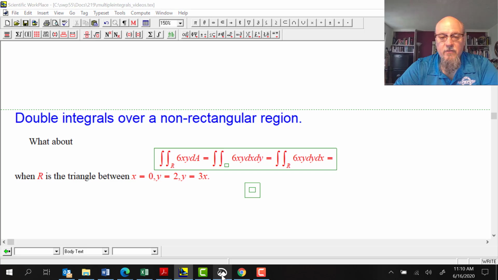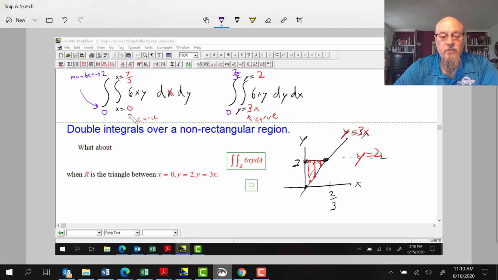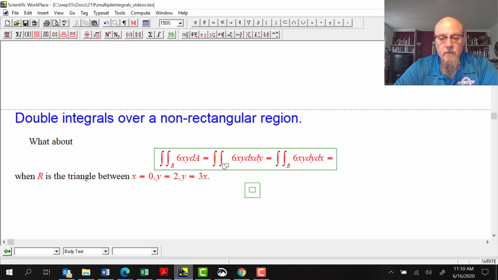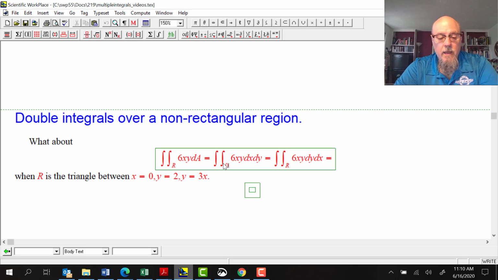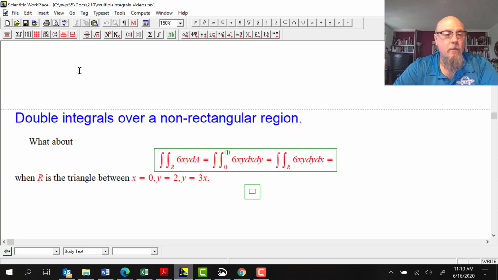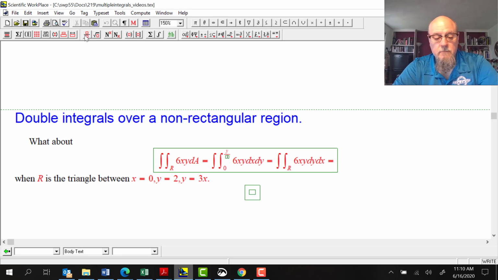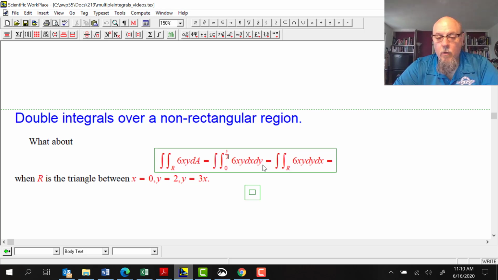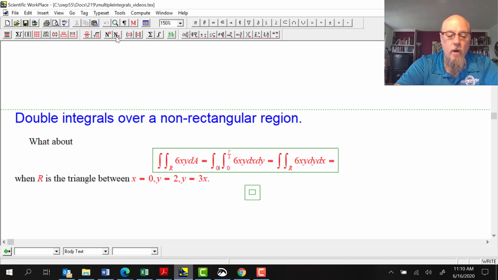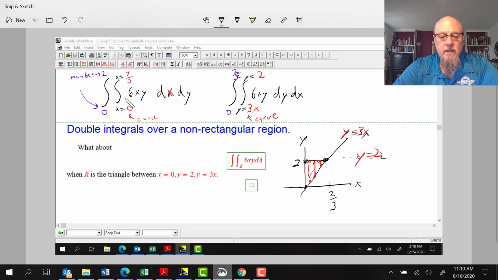When we did dx first, our x's started at x equals 0 and ended at y over 3. And then our y's, for the outside one, lowest y in the whole shape, highest y in the whole shape. And here's our function then that we can integrate.